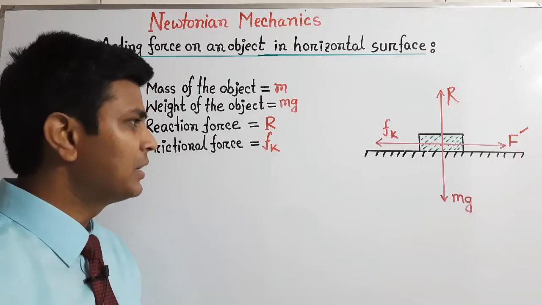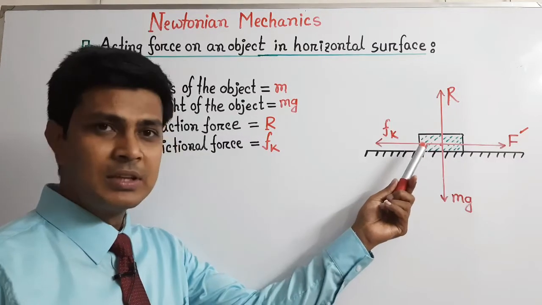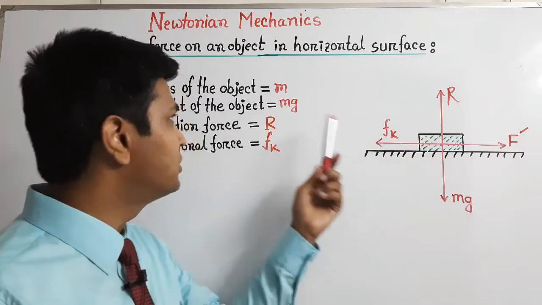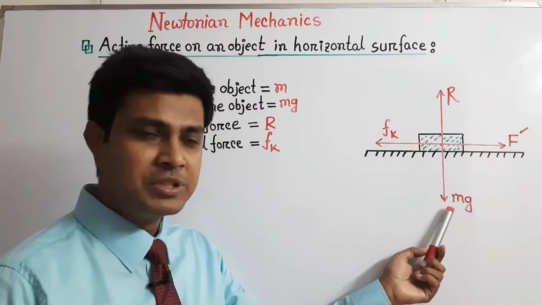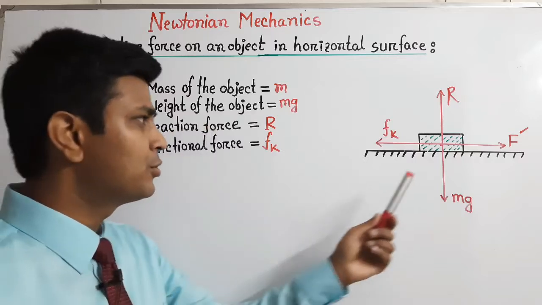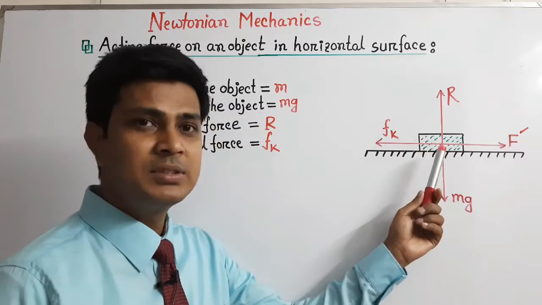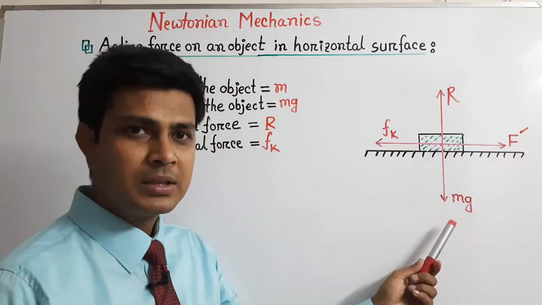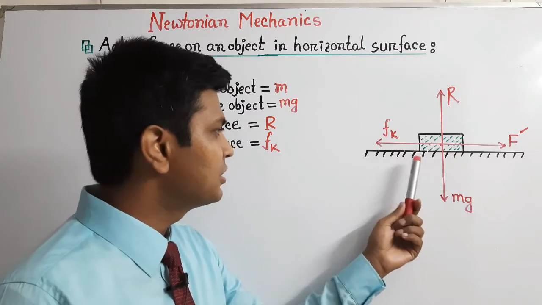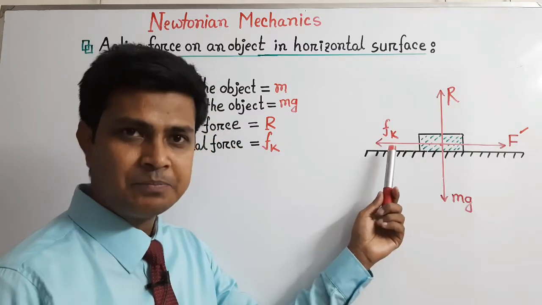Let's see the diagram. In the diagram, you can see there is an object, and the mass of the object is m and the weight of the object is mg. The reaction force of that object is R, which is in the direction opposite to the weight, and the frictional force of the surface is Fk.